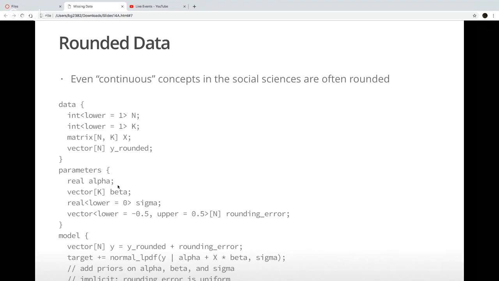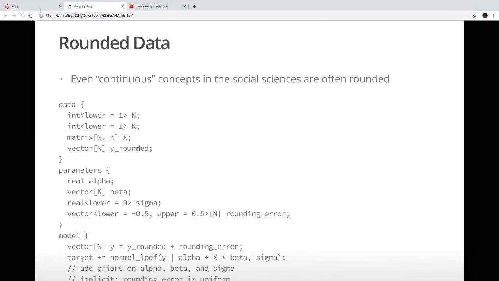So we have a vector of that. We have alpha, we have beta, we have sigma for our regression. And we know there's some rounding error that, if we're rounding to the nearest integer, has to be between -1/2 and +1/2.